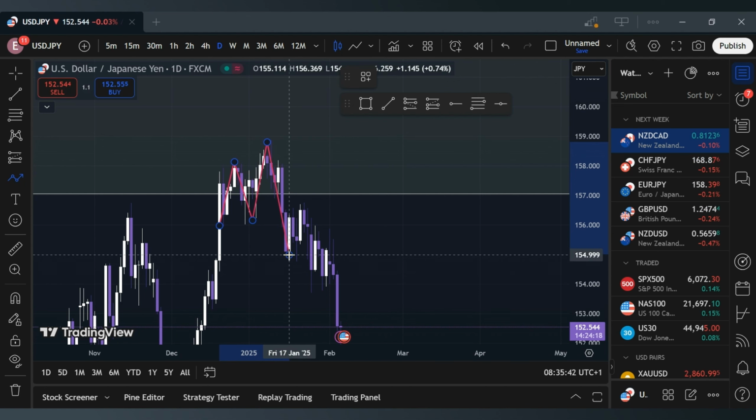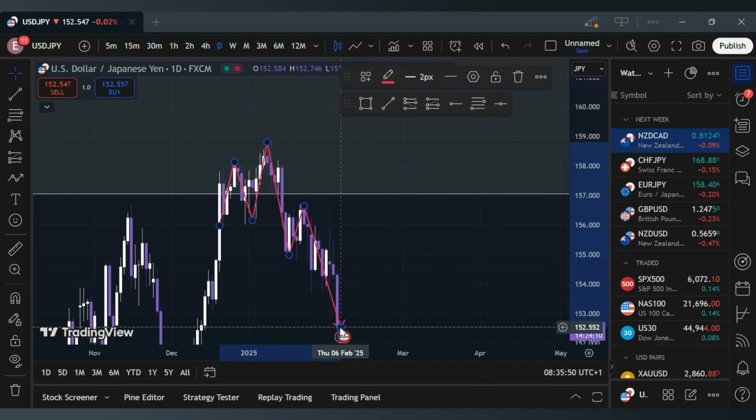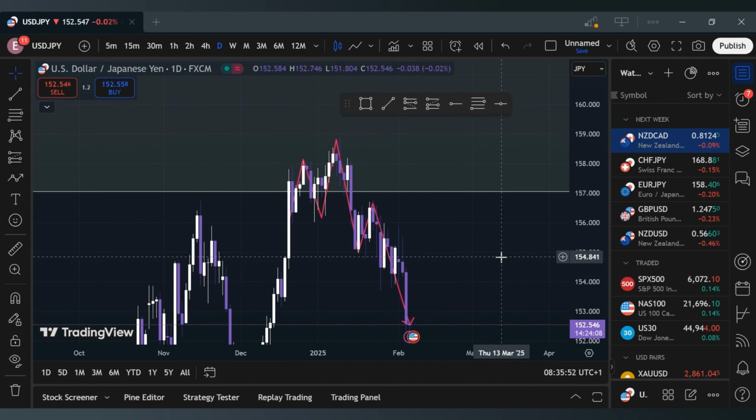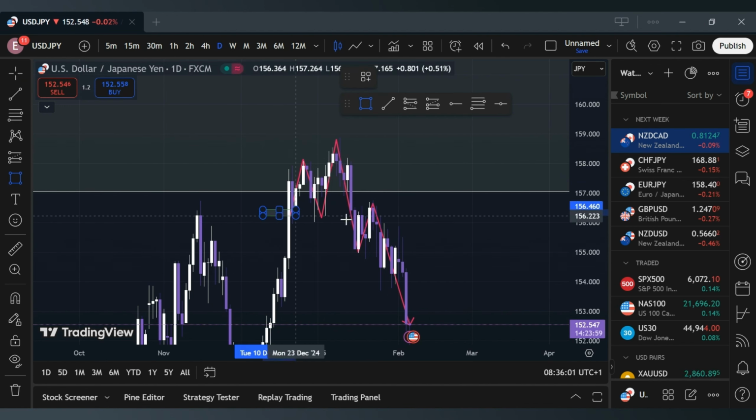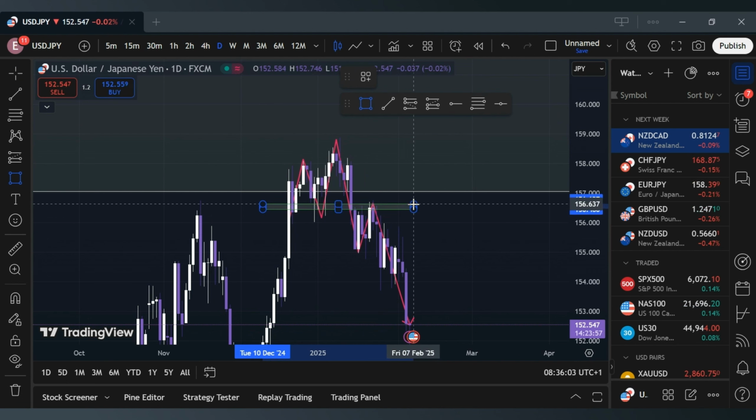Now this will be our neckline, which it pulled back into and then started pushing down to the downside. So yeah, when you see me draw things like this, it basically indicates the double top, which is this. This is the neckline.